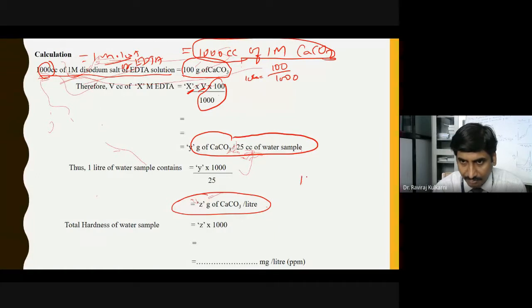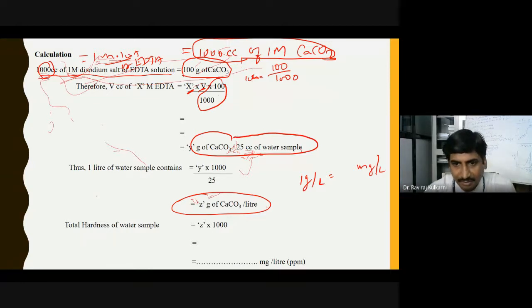1 gram per liter is equal to how many milligram per liter? 1 gram means how many milligrams are there in that? 1000. I have to multiply it by 1000 to get milligram per liter.